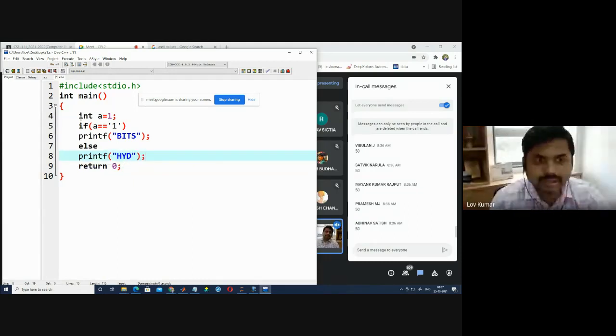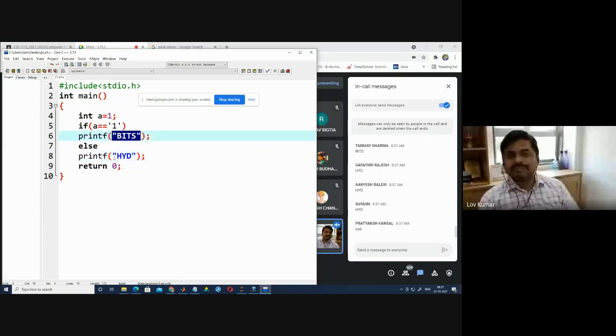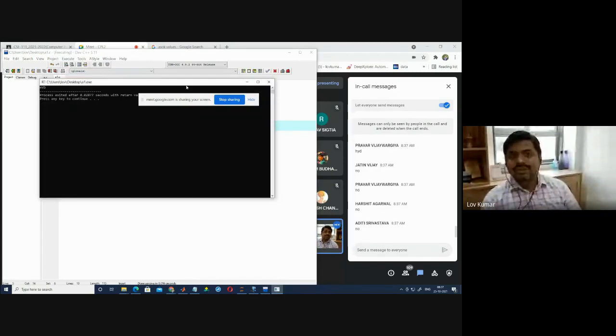Now, what value will it print? If this condition is true, it will print bits. If this condition is false, it will print header. Can we say this condition, A double equal to single-quoted 1, is true? This condition is false, so it will print only the header. If you execute it, it will print header.